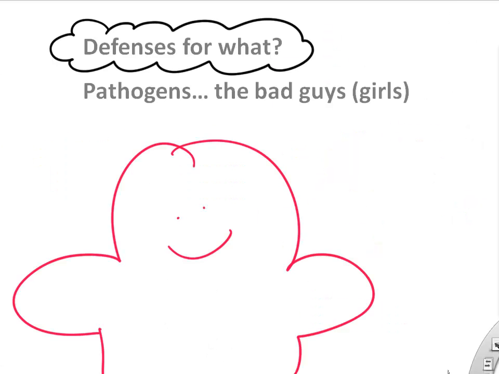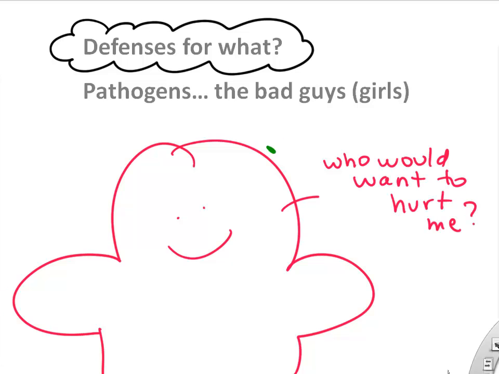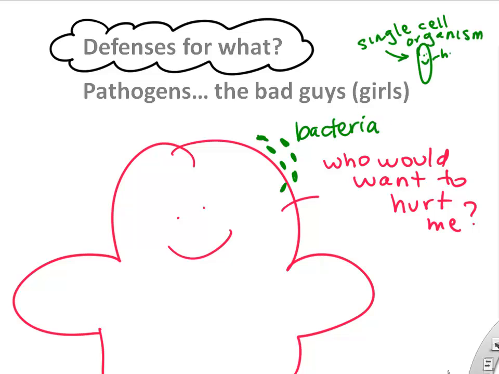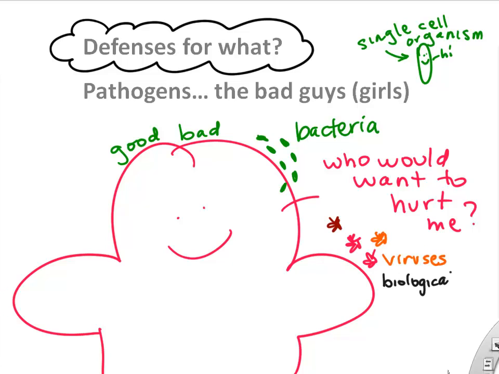So what do we need defenses for? Well, we need defenses for things like bacteria, viruses. Bacteria are single-cell organisms, basically, that can live on and inside our body. Sometimes we have good bacteria, sometimes we have bad bacteria. Viruses are basically biological particles. They're not really alive.